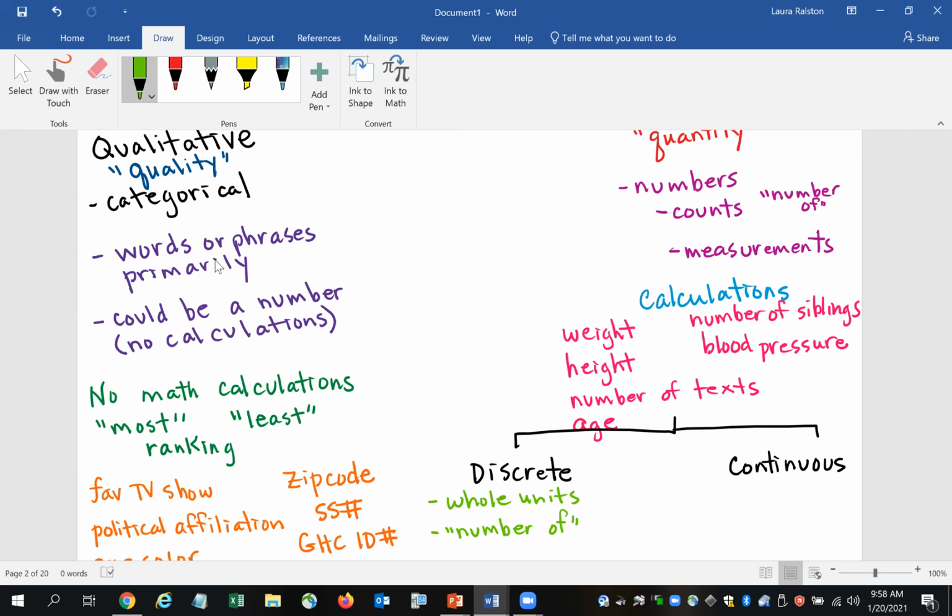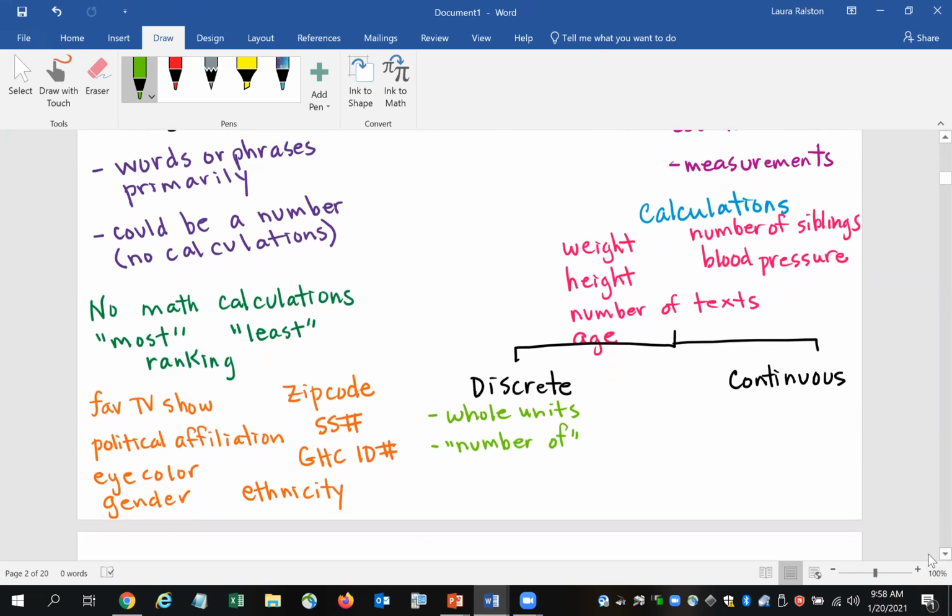You can't get half of a text. You can't have a quarter of a sibling. Okay, you either have one or you don't. So discrete data is whole units. Usually we'll have the phrase number of in there. Again, as emphasis, it has no fractions, no decimals.